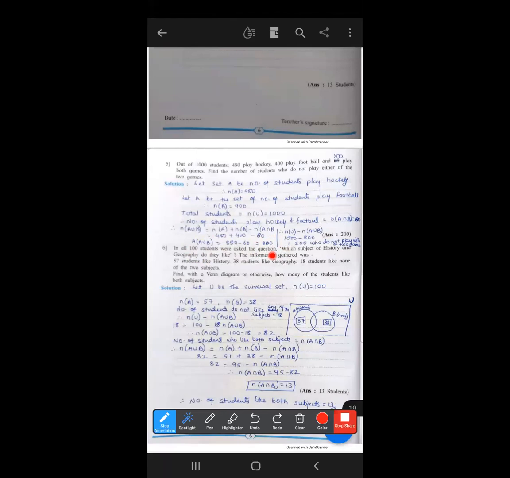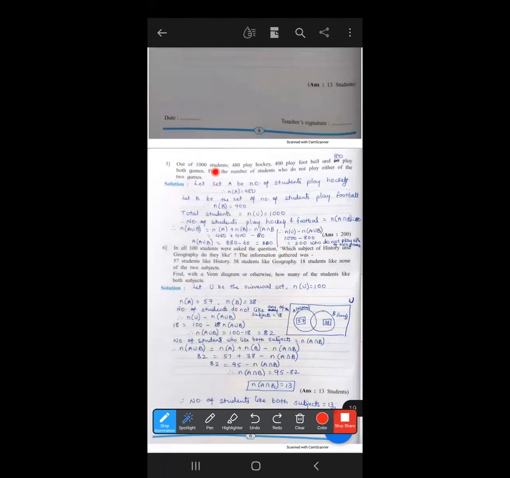Now I will tell you students, many students make a mistake, or maybe there is confusion, even one among you may be confused that union means all together. So why are we not taking the 1000 students as the union? Some students substitute the union here as 1000, and that is wrong.